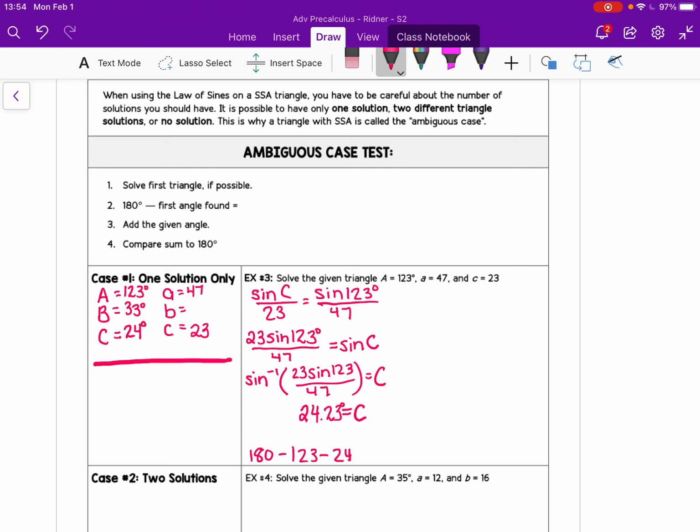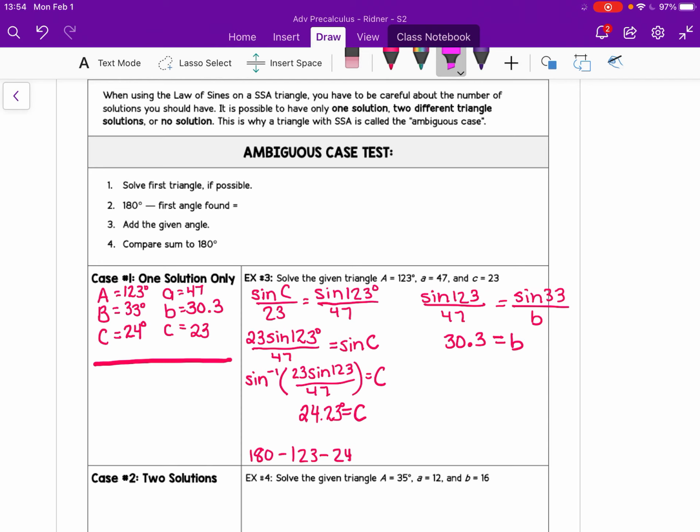And then I would solve for little b by doing sine 123 over 47 equals sine 33 over b. I'm going to go ahead and skip those steps. If you need to pause here, by all means, pause here, solve for yourself, and see that you also get 30.3. Okay.